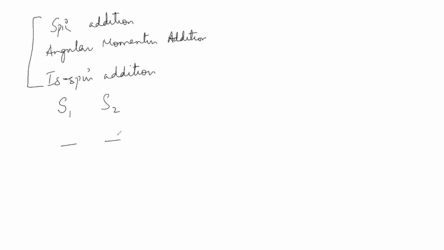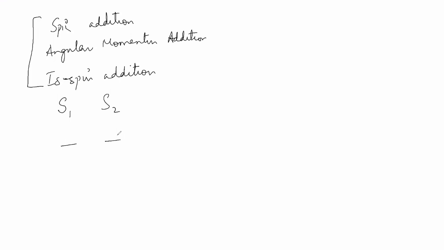Now, those two spin half particles can have random spin orientation. Random means its third component, both can be in the same direction, both can be in opposite direction. One can be in the spin up state and another can be in a down state, and vice versa.